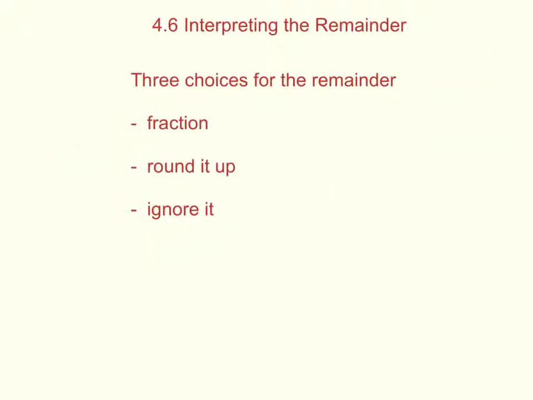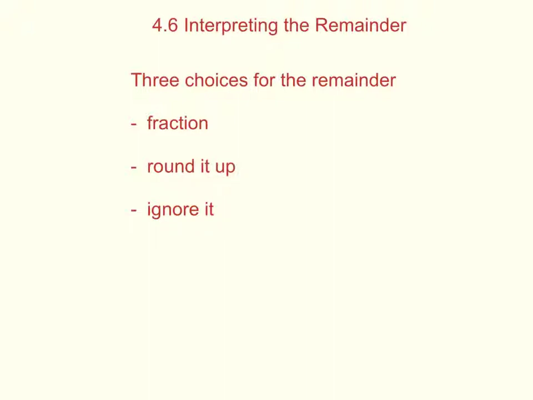Between the math message and the lesson video, I've shown you 3 different ways to interpret the remainder. First, like with the first problem, you can take the remainder and divide it up, make it a fraction or represent it as a decimal so that it's divided among the people or whatever it is that you're dividing it with. You can round it up, like with the bus and the field trip.